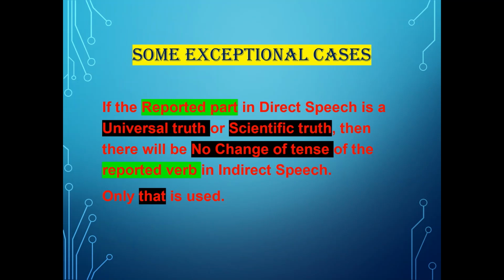So the rule says that if the reported part, the part inside the inverted commas, is a universal truth, the truth which is accepted universally, worldwide, or any scientific truth, meaning something proved by science, then there will be no change of tense in the indirect speech.